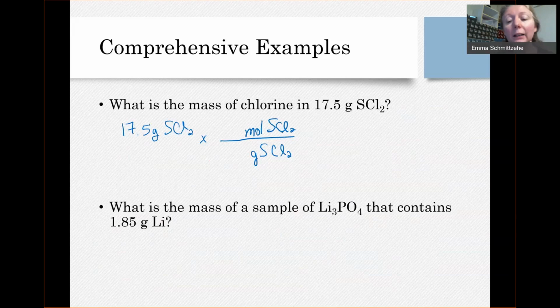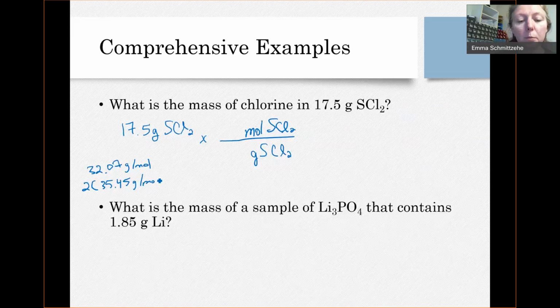So to do that, I need to look up the molar masses. So I would have 32.07 grams per mole for the sulfur. And then I have 35.45 grams per mole for each of those chlorines. So I would multiply that value by 2. And then I'd add all of that together. Okay.